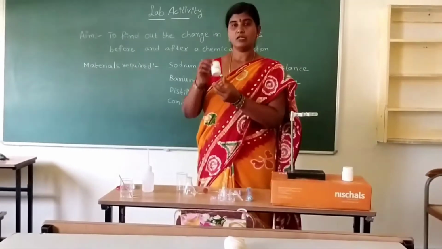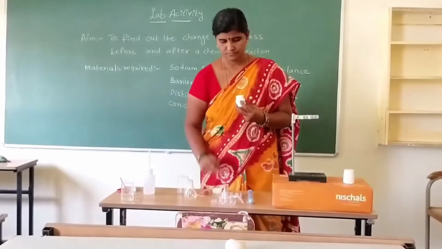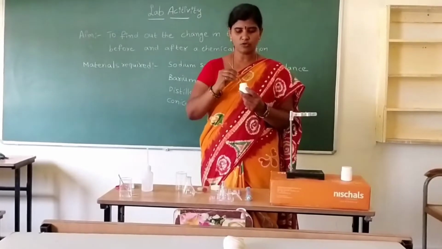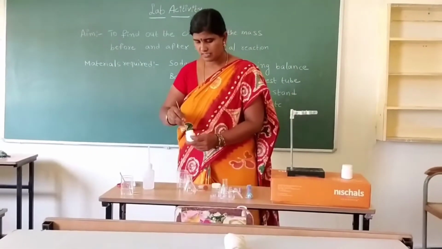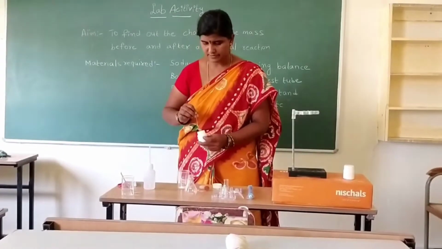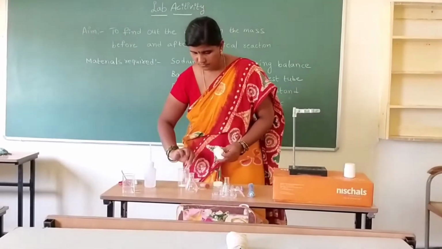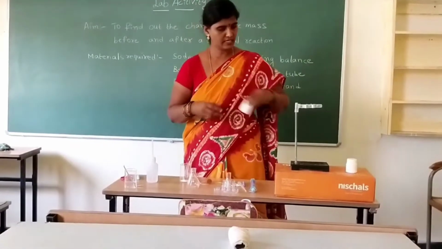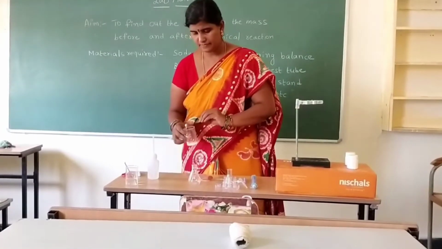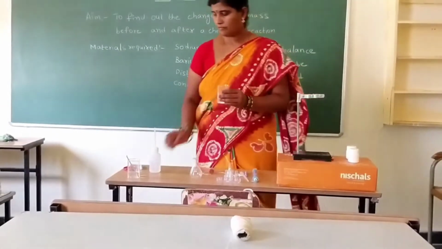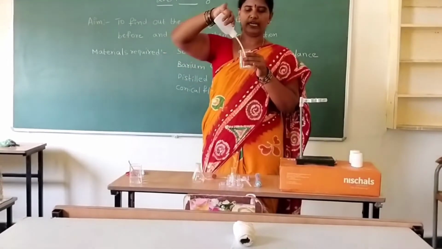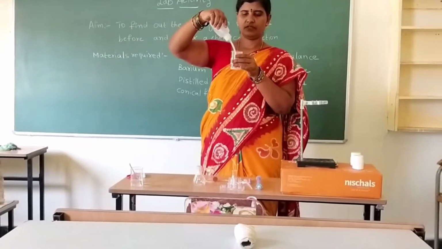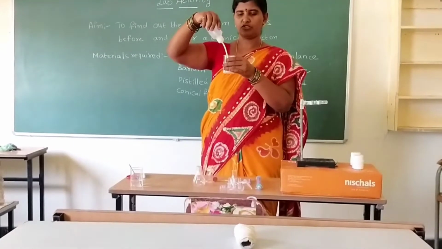Then take sodium sulfate salt. Open the cap. By using the spatula, take 2 grams of sodium sulfate into the beaker. Close the cap. Keep it aside. Then again, by using the wash bottle, pour the water and mix the sodium sulfate solution.